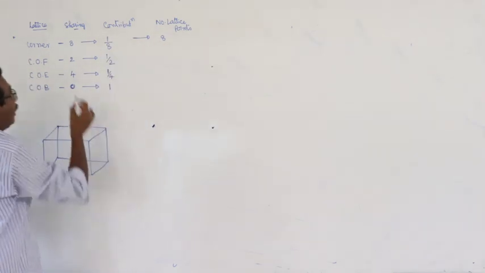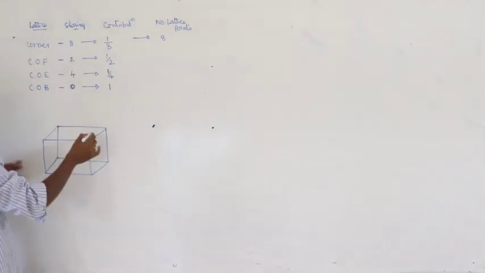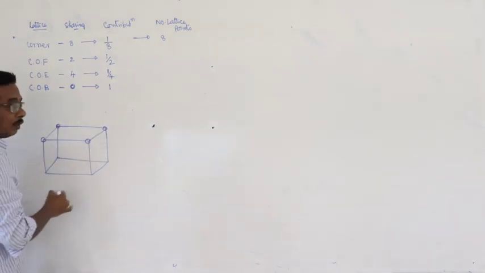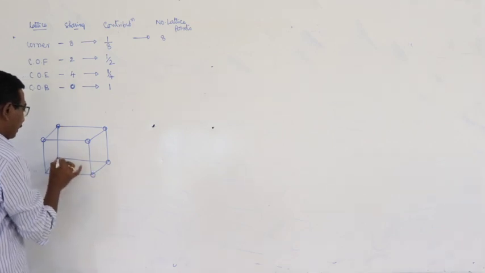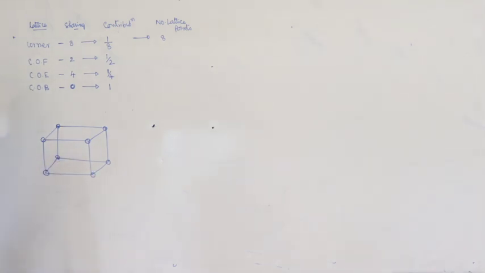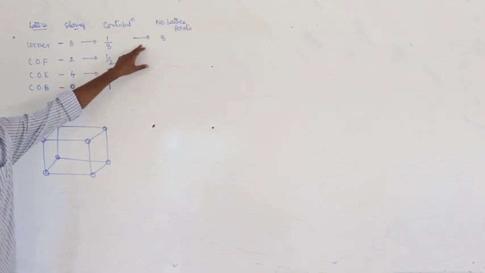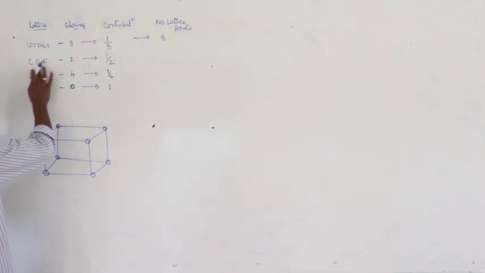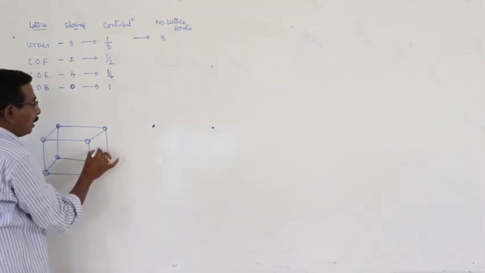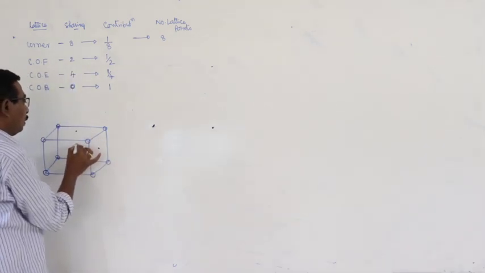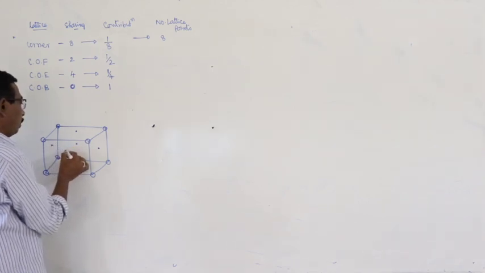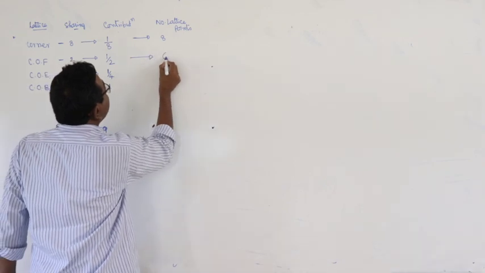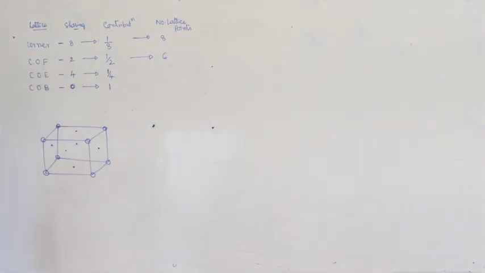And what about the lattice points? Number of corners for a cube: 1, 2, 3, 4, 5, 6, 7, 8. Total number of corners for a cube is equal to 8. Number of center of the faces: 1, 2, 3, 4, 5 and 6. Here 6 center of the faces.